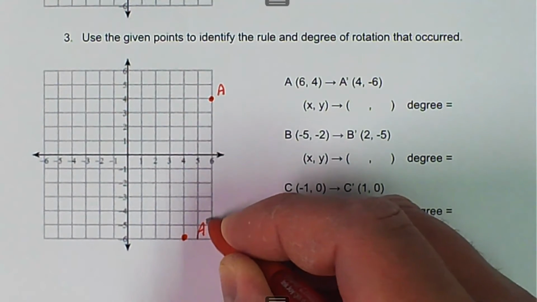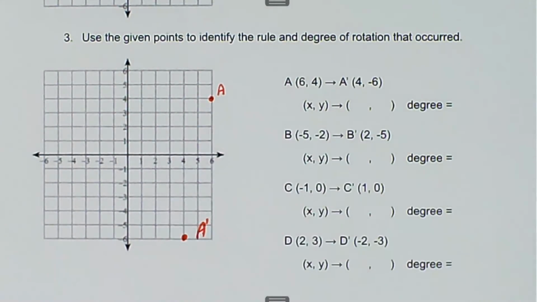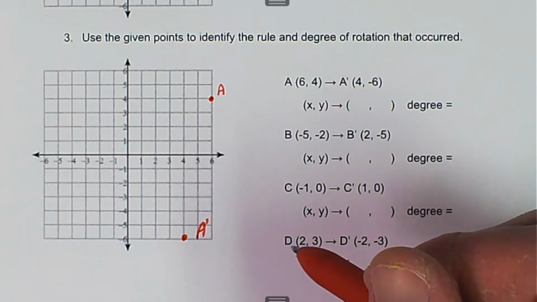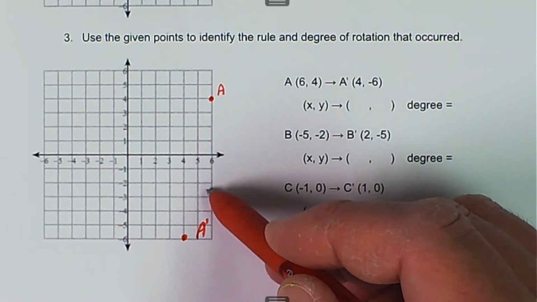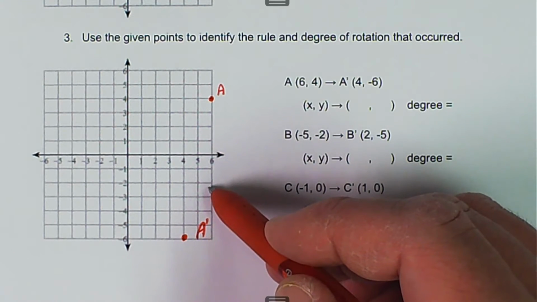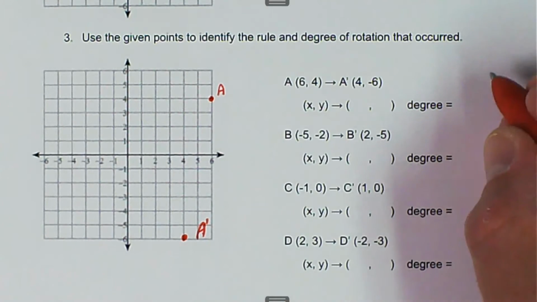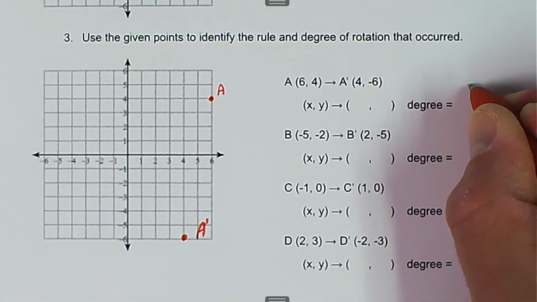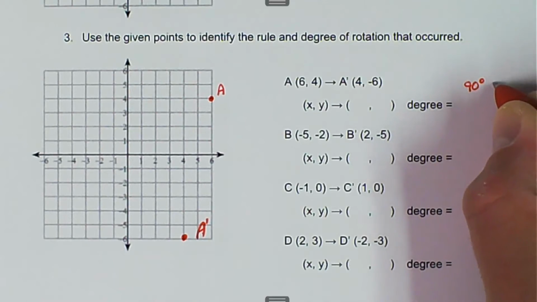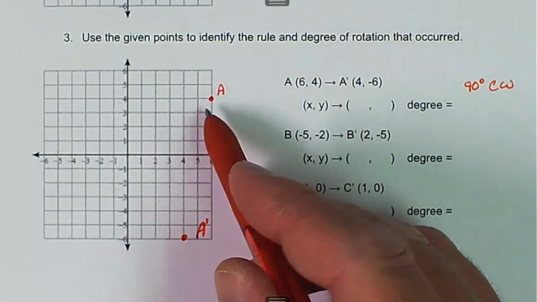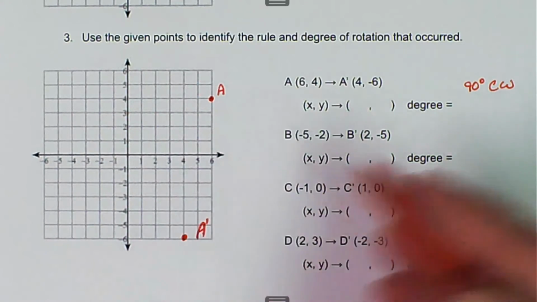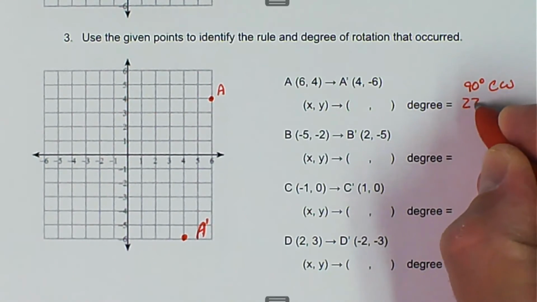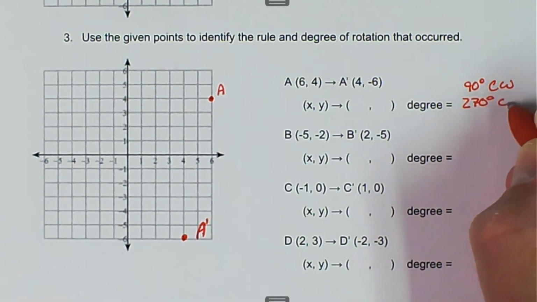That's going to be A prime. So the degree isn't too bad. We went from quadrant 1 and we went 1 quadrant to the right. So that is going to be 90 degrees clockwise. Or because we went 1, 2, 3 quadrants to the left, or 270 degrees counterclockwise.